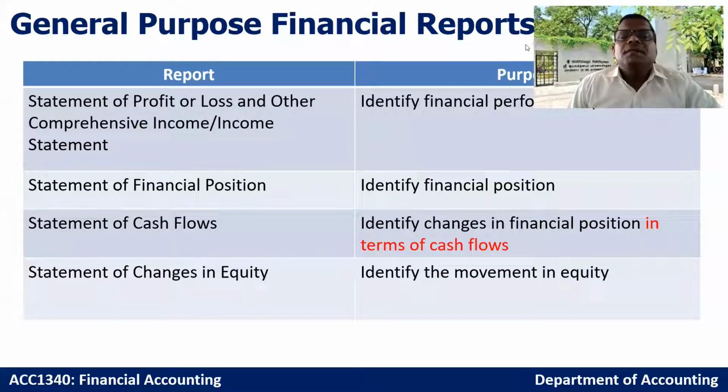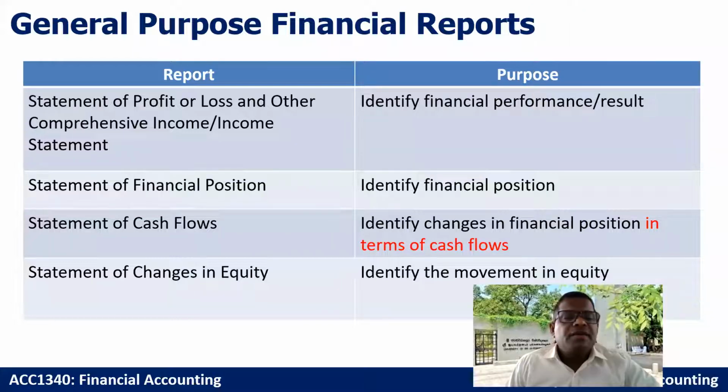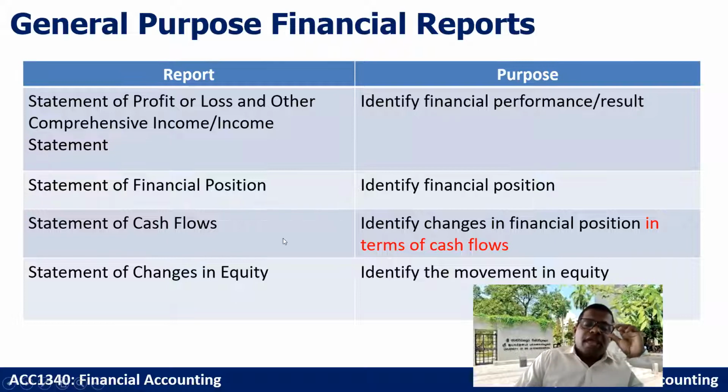General purpose financial reports include different financial statements: the statement of profit and loss and other comprehensive income, the income statement, showing financial performance results; the statement of financial position, identifying financial position; the cash flow statement, identifying changes in financial position in terms of cash flow; and the statement of changes in equity, identifying movements in equity. So basically, the purposes of the reports are different.